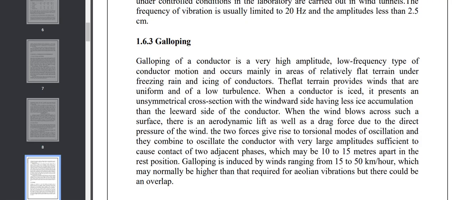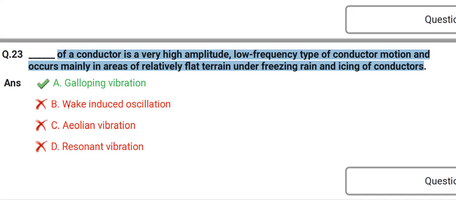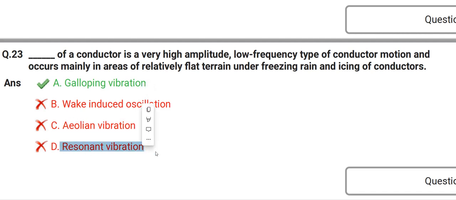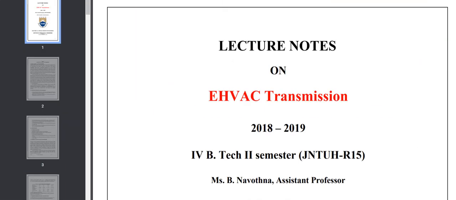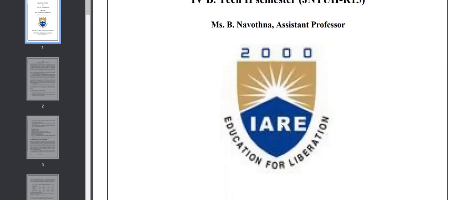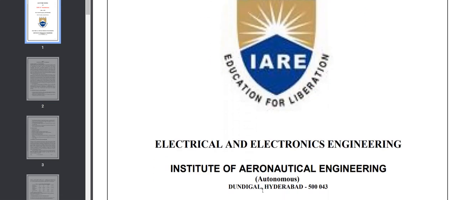You can read about all the vibrations, like wave induced oscillations, Aeolian vibration, and resonant vibration. You can read from this PDF. You can get this PDF from Google, like extra high voltage transmission notes. They are from Hyderabad something. One PDF is there.